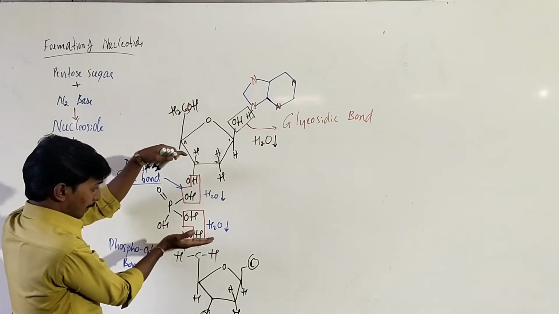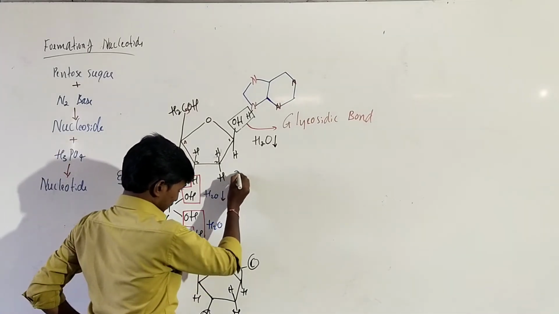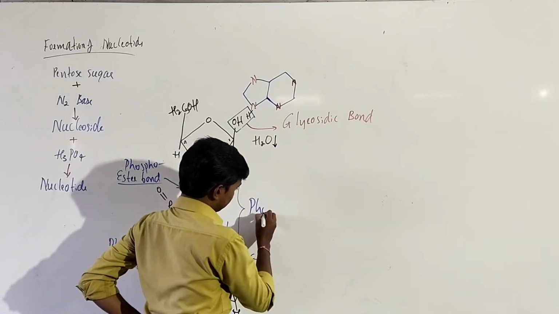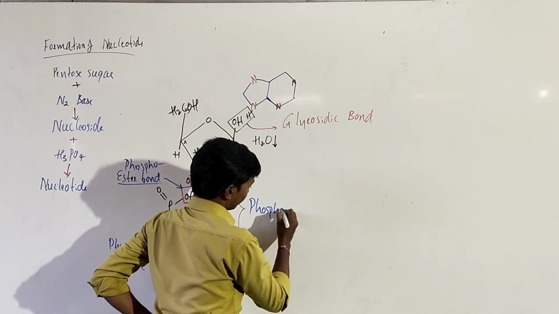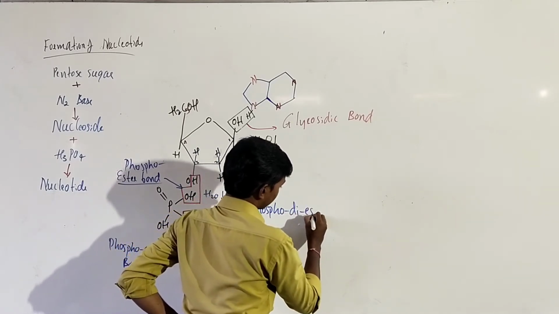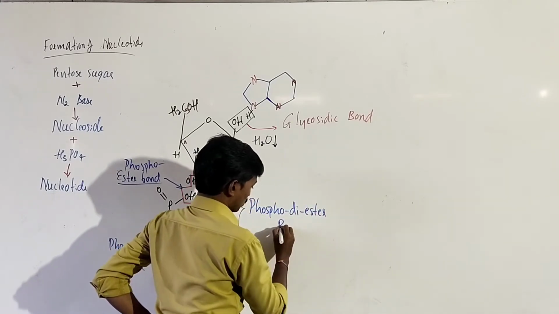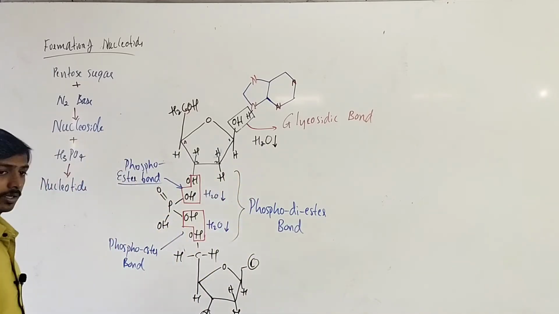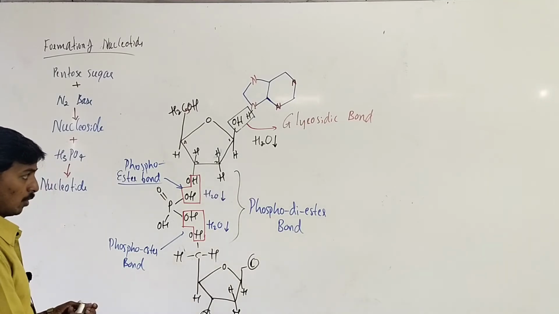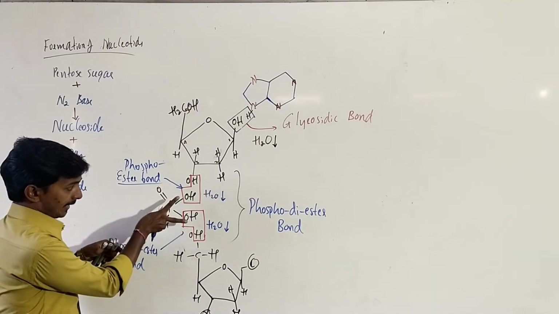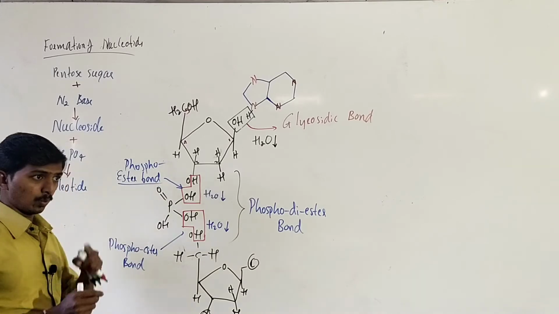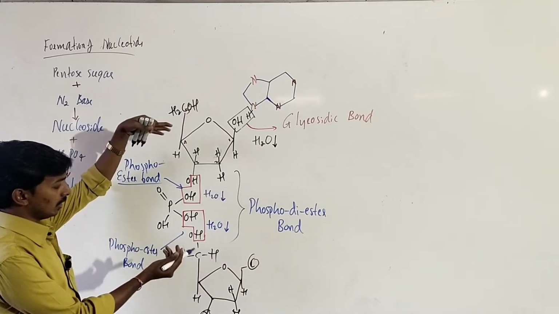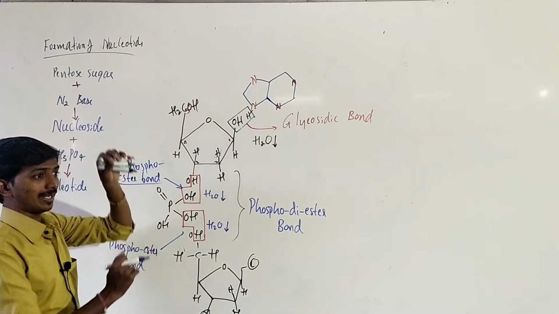So this complete bond is now called phosphodiester bond. One phosphate, two esters on either side of the phosphate, joining the two sugars or two nucleotides.